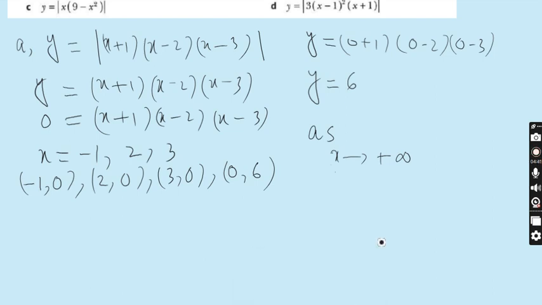You can see in the equation, when x approaches positive infinity, y also approaches positive infinity. You can confirm with the help of the given equation. You can put any positive value of x and you will get a positive value of y. And as x goes to negative infinity, y goes to negative infinity.